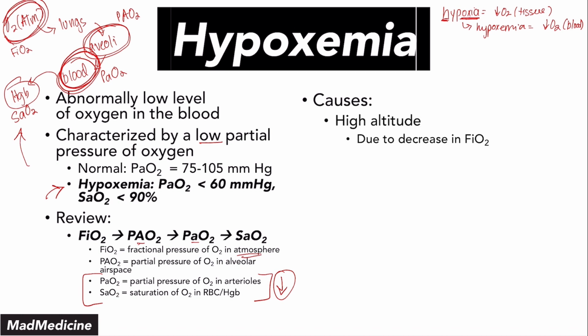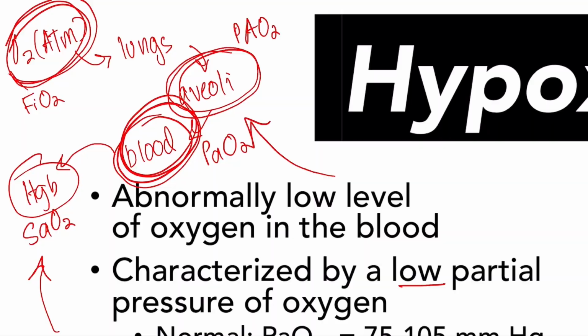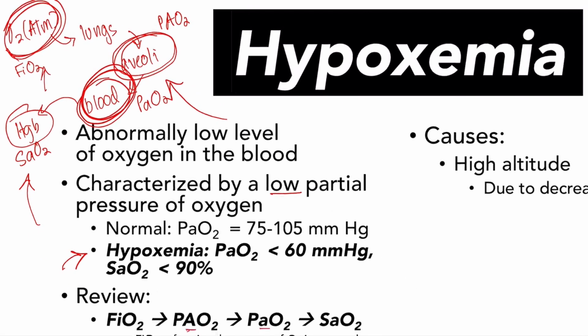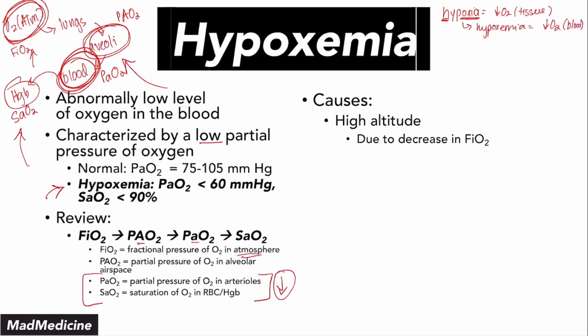High altitude. High altitude is going to lead to hypoxemia because you are disrupting this pathway, this structure right here. Because you are disrupting this whole pathway, you are going to have problems in the blood, right? So in high altitude, you have low FiO2.